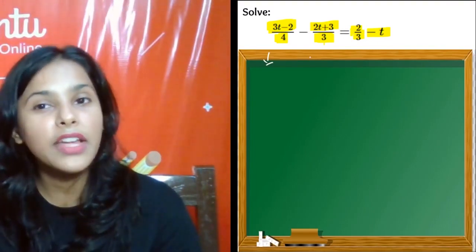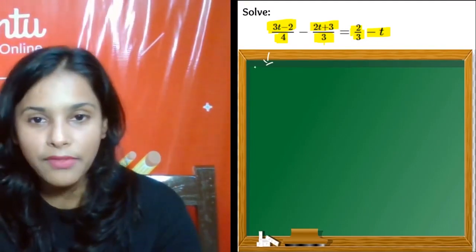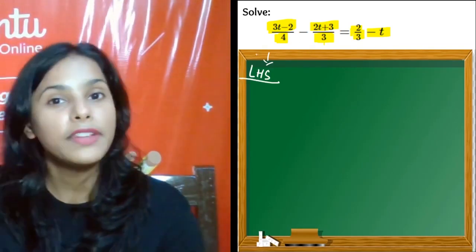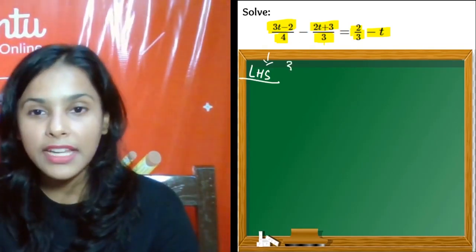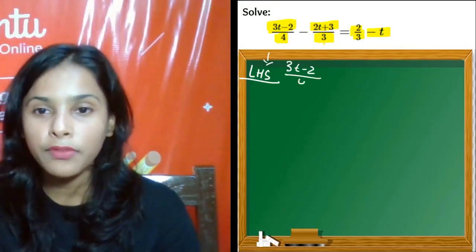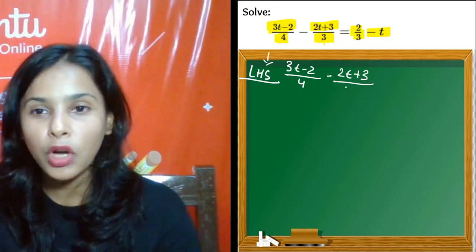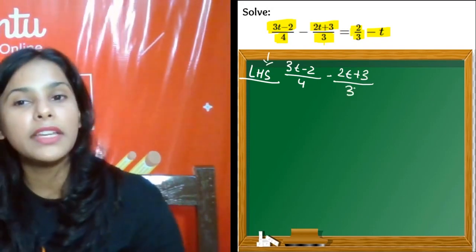So we take the LHS by one side. LHS is equal to 3t minus (2 upon 4) minus (2t plus 3 upon 3). Let's make the denominator same.